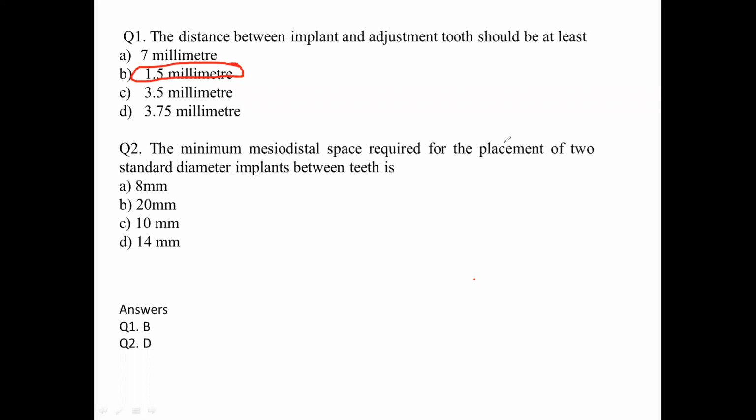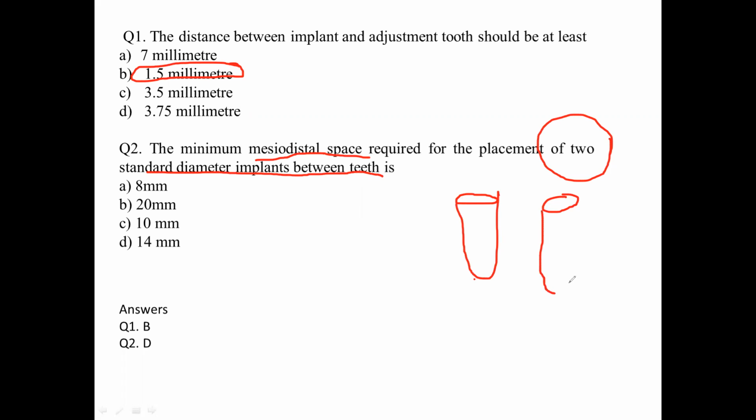The minimum mesiodistal space required for two standard diameter implants between teeth is... what is the mesiodistal width of two standard implants which are given between the teeth?